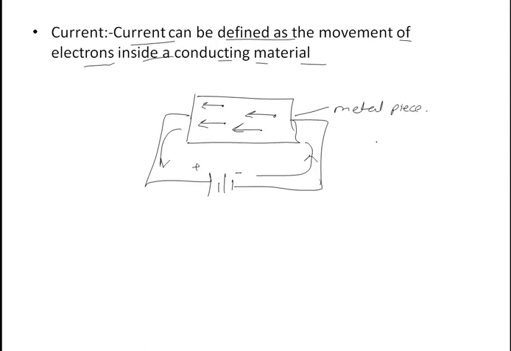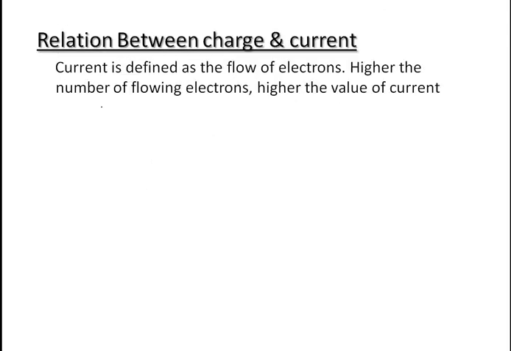So what is the basic definition? It is the movement of electrons. The movement of electrons inside a conducting material is known as current, or the flow of electronic current, we can say. Now we will see the relation between the charge and current. Current can also be defined as the flow of electrons, right?